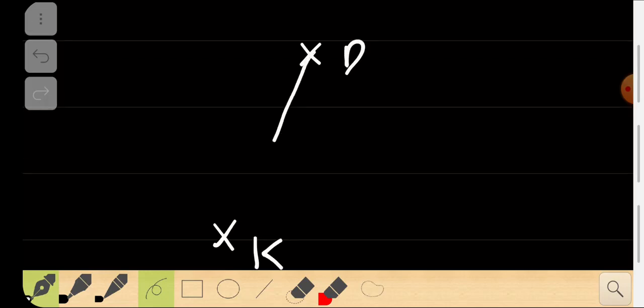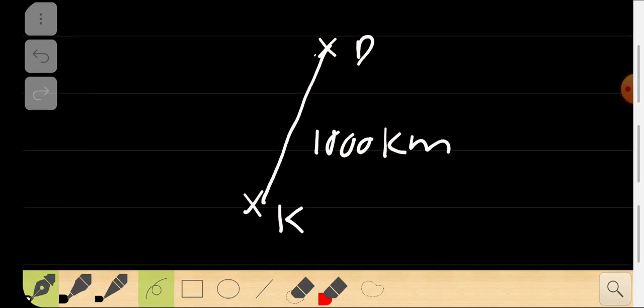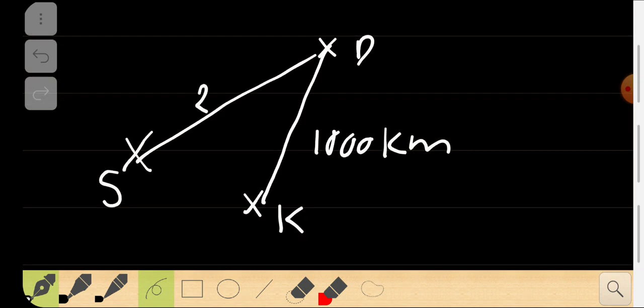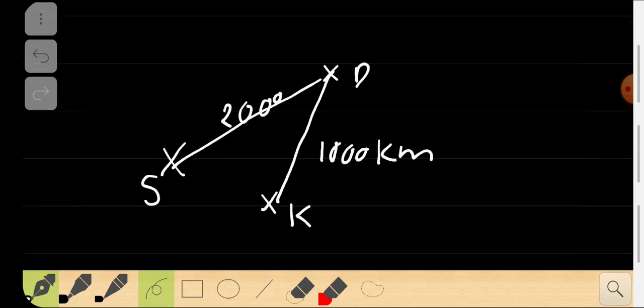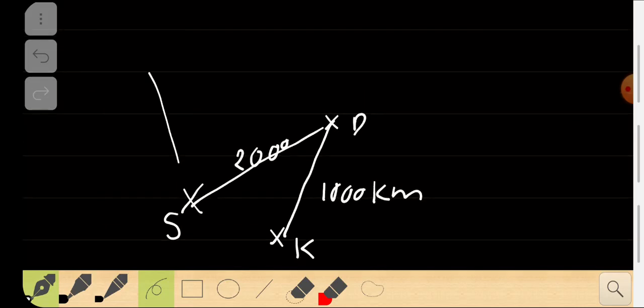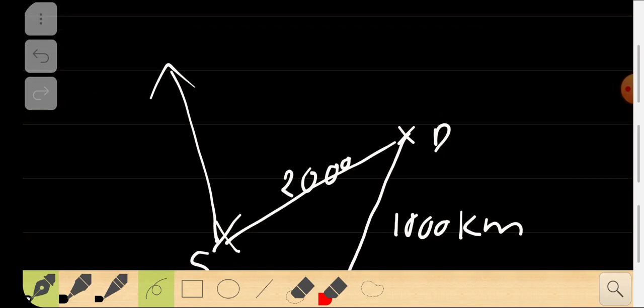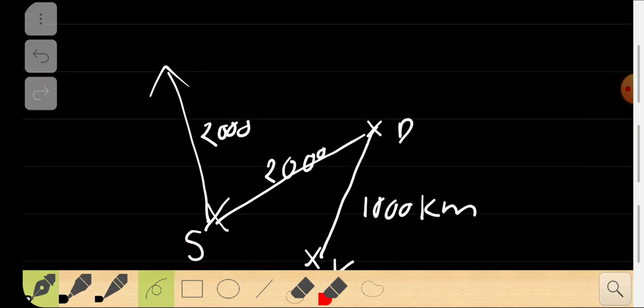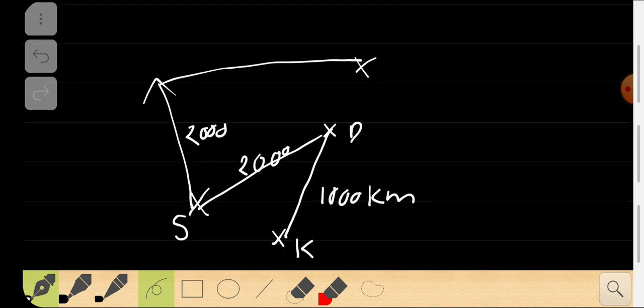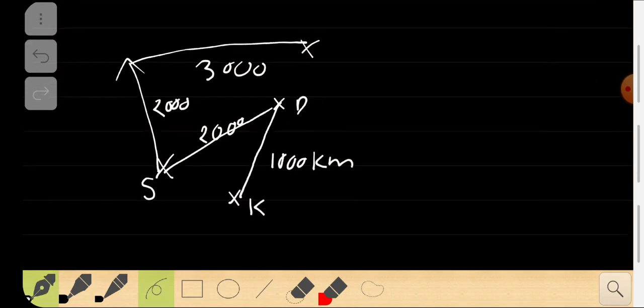The distance is around 1,000 kilometers, and from Delhi I'll go to Saudi Arabia, which is around 2000 kilometers from Delhi, and from Saudi Arabia I'll go to Britain, which is around 2000 kilometers from Saudi Arabia, and then from there I'll go to Moscow. Moscow is around 3000 kilometers from Britain, right?